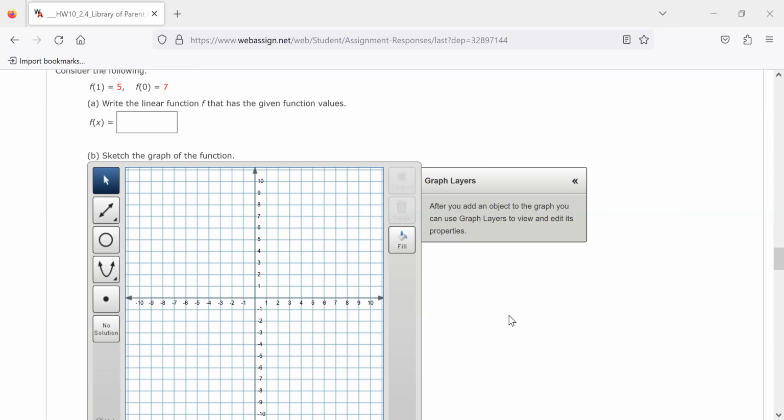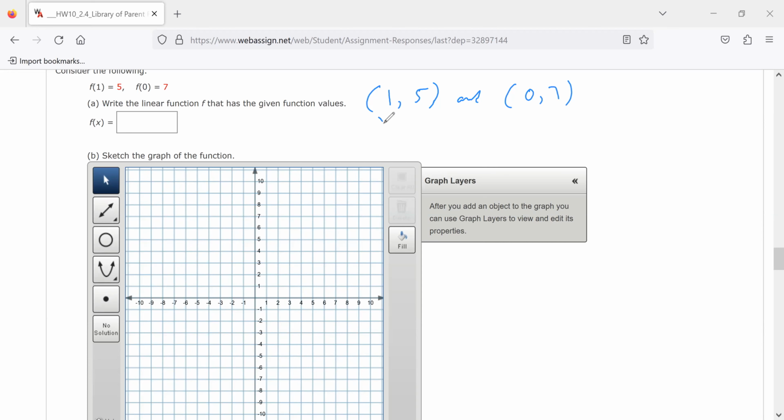So let's go ahead and figure this out. f of 1 equals 5 means the point (1, 5). And f of 0 equals 7 means (0, 7). So we have 2 points.